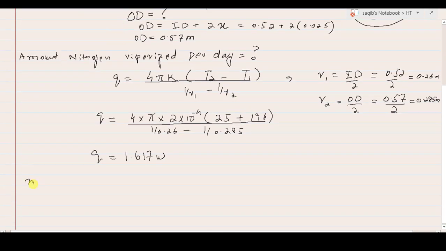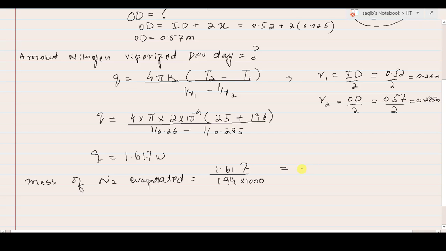So I can say that the mass of nitrogen evaporated will be equal to 1.617 divided by 199 kilojoules. Kilojoule means multiply by 1000. So this will convert into kg per second.